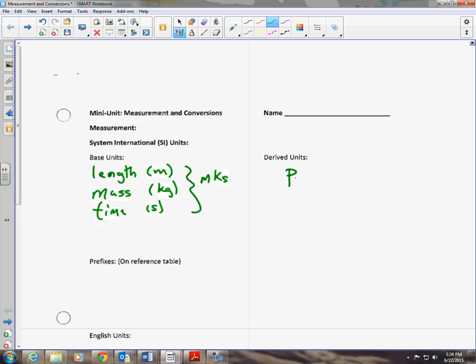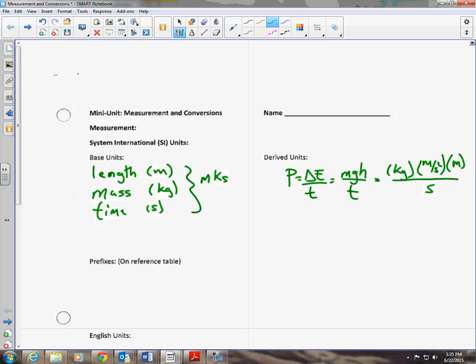So if we think of power, one way of finding power was a change in energy over time. That could be potential energy, so mgh over time. Now if I look at the units for this, mass is in kilograms, g is the acceleration of gravity, 10 or 9.8 meters per second squared, and height is in meters. I'm dividing all that by time in seconds.